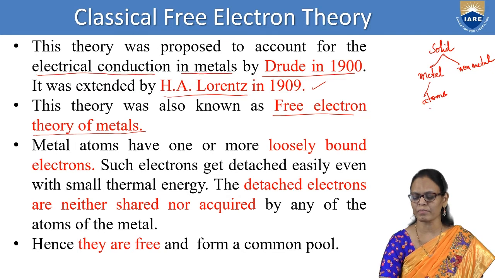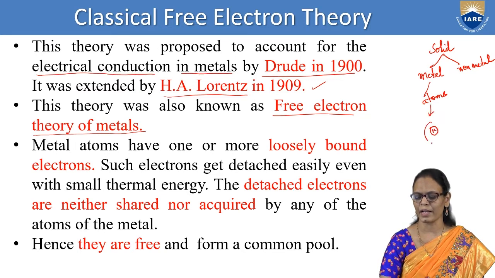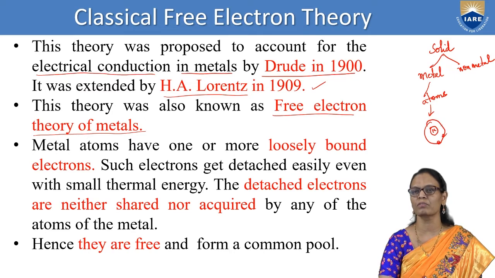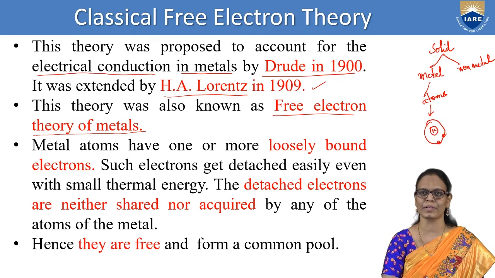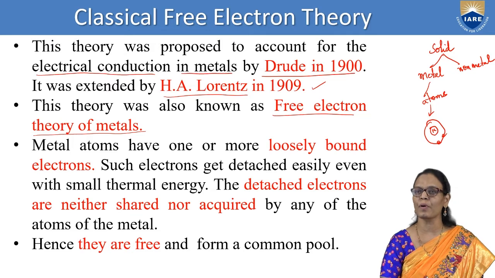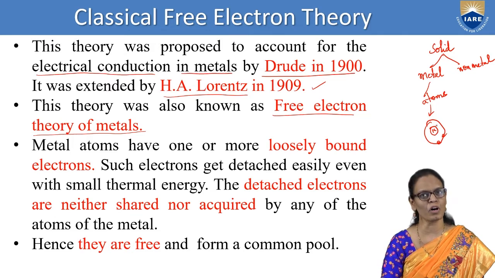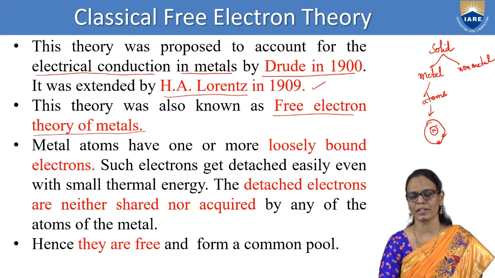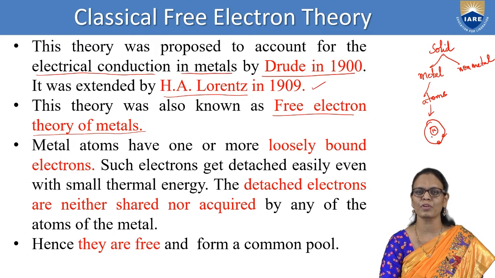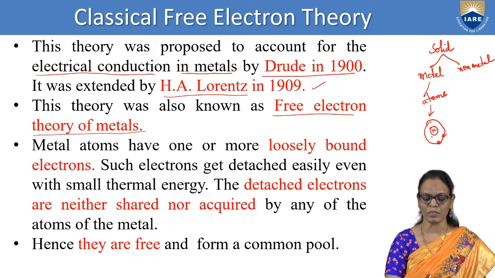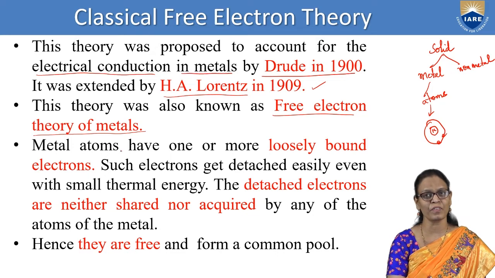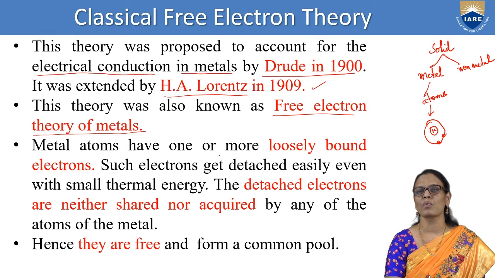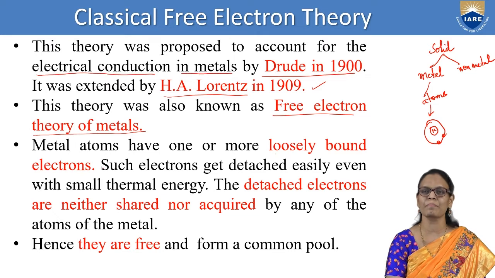In an atom, we have a nucleus and electrons revolving round the nucleus in fixed orbits. Depending upon the atomic number of the element we are talking about, we have the number of electrons. Now, they are telling us that every metal will have one or more loosely bound electrons.